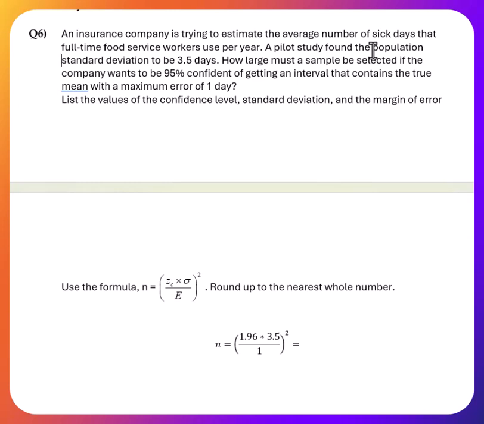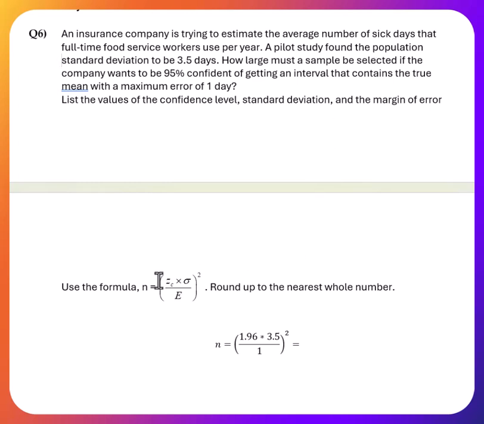So sigma, guys, is 3.5 days. This is not S, it's sigma. How large must a sample be selected if the company wants to be 95% confident, that's the confidence level, of getting an interval that contains the true mean within a maximum error of 1 day?